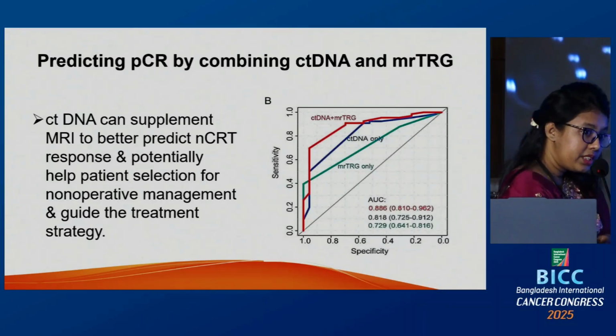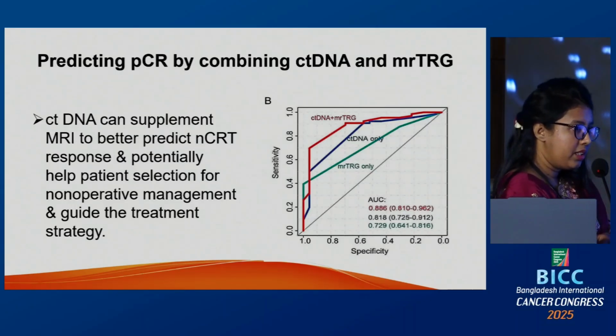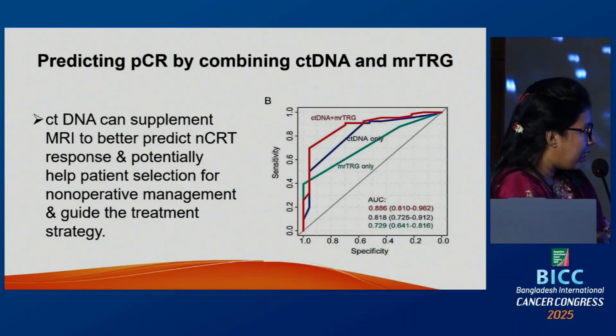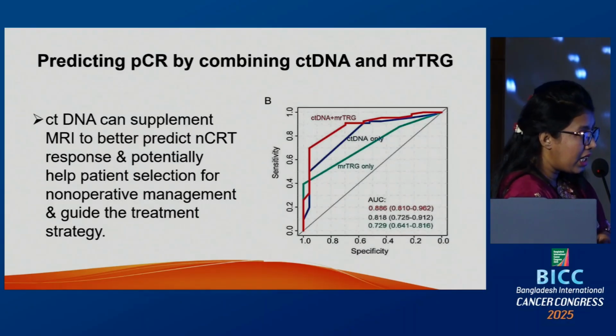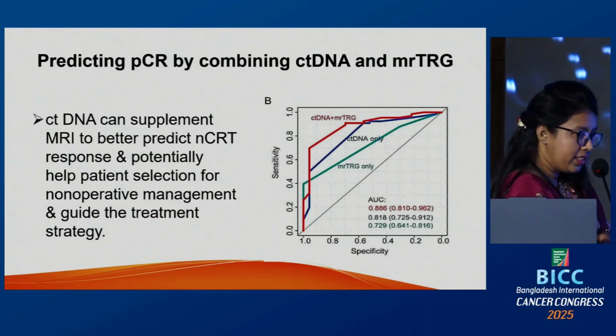Thus it helps in precisely selecting patients for non-operative management. In this graph, you can see that the sensitivity is much higher if you combine ctDNA and MRI. This red line indicates the combination of ctDNA and MRI, this is the ctDNA-only level, and this is the MRI-only. So the sensitivity is much higher if you combine these two tests.